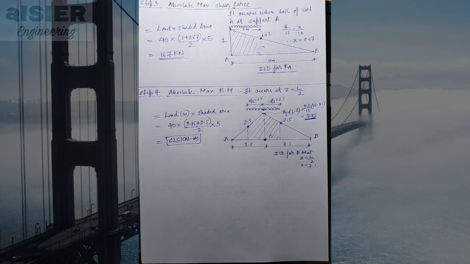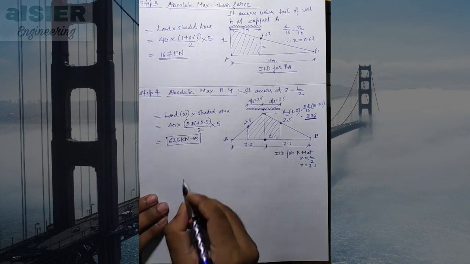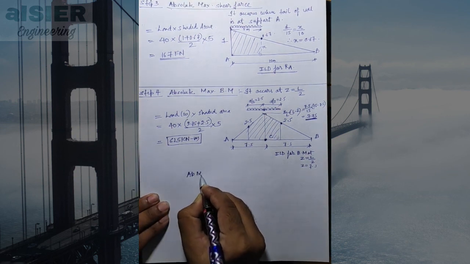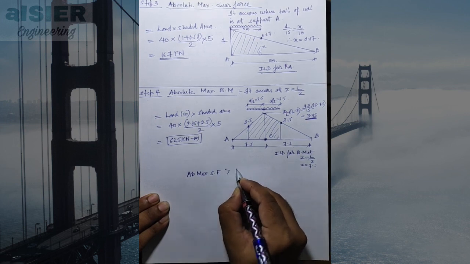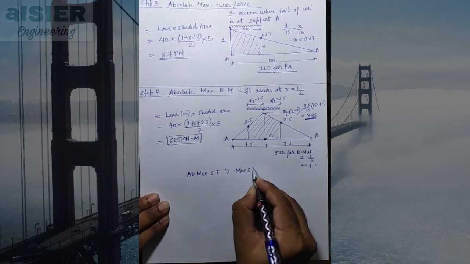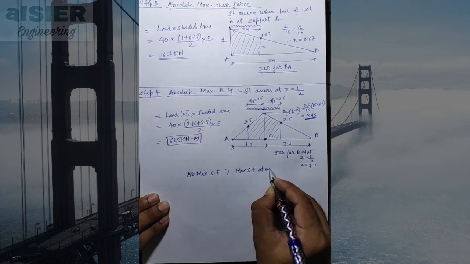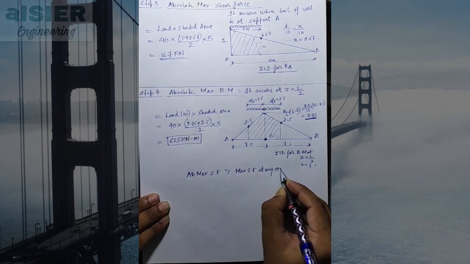Okay, so this is how to calculate maximum shear force and maximum bending moment at a given section, and also absolute maximum shear force and absolute maximum bending moment. Always remember, absolute maximum shear force is greater than maximum shear force at any section.